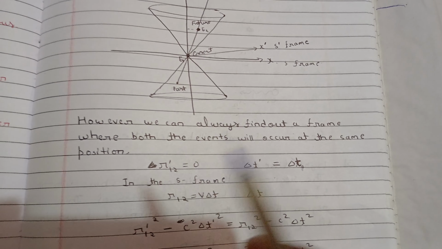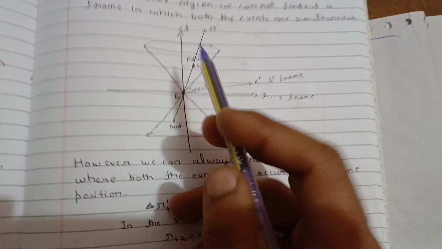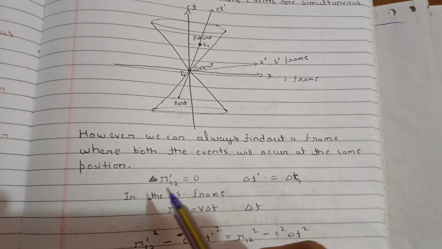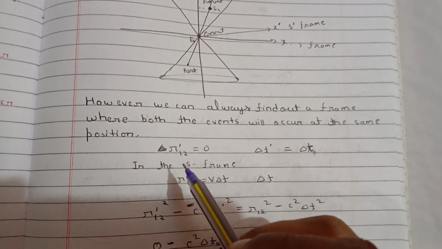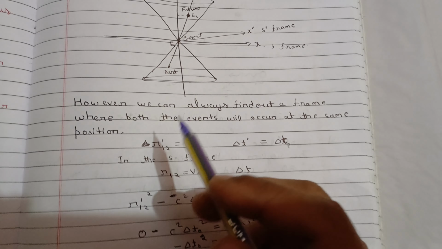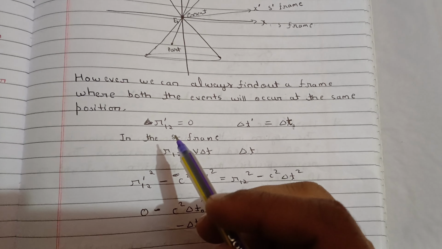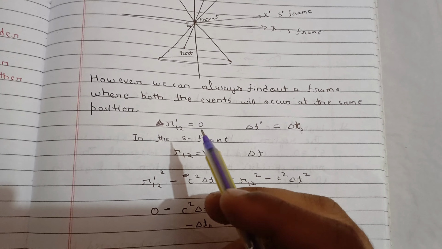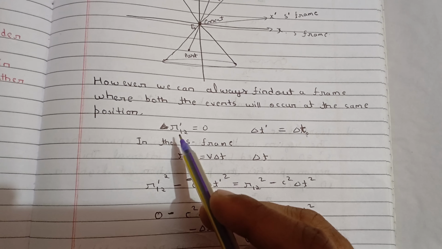So time dilation occurs in this time-like region. We will prove how. In the time-like region, if some object is moving in the S prime frame, meaning it is attached to the S prime frame, its coordinates won't be changing.